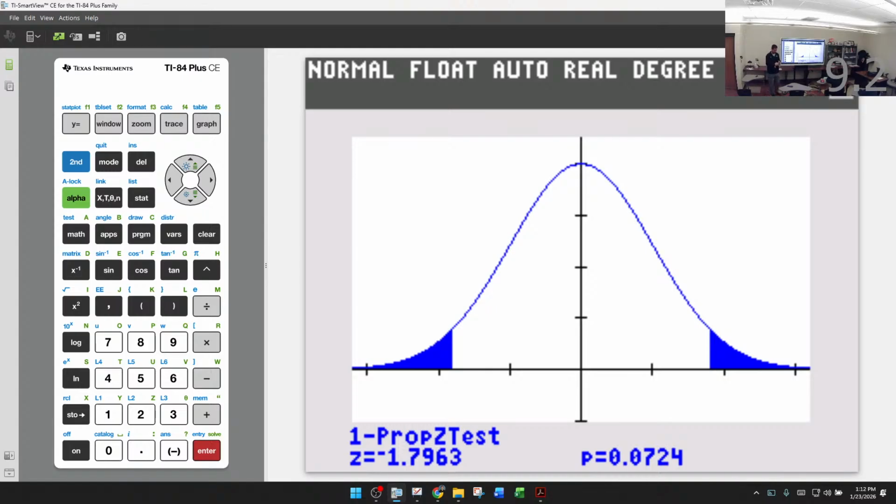Because if it's a two-tailed test, guys, the z-score could be on this side, or it could be on this side. It could be on either side. It's easier to show that it's different, but it's harder to find significant evidence because the p-value is bigger.